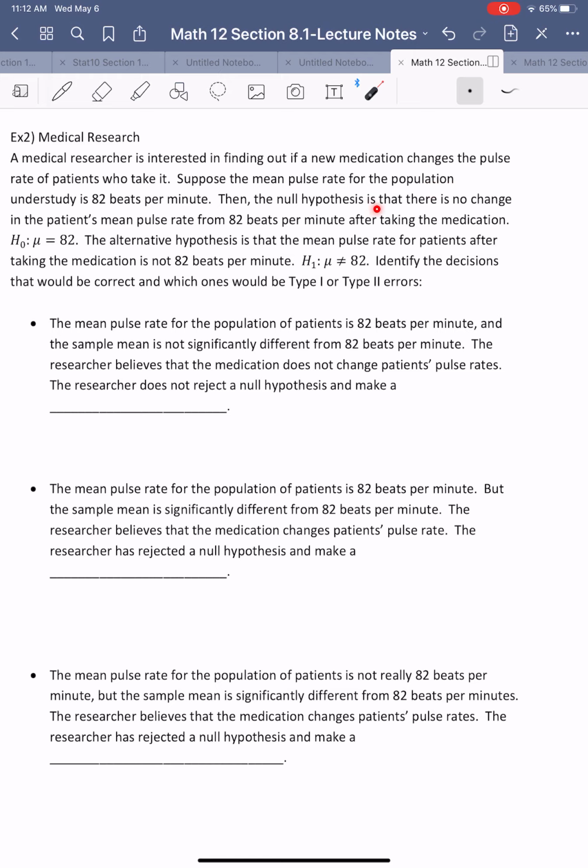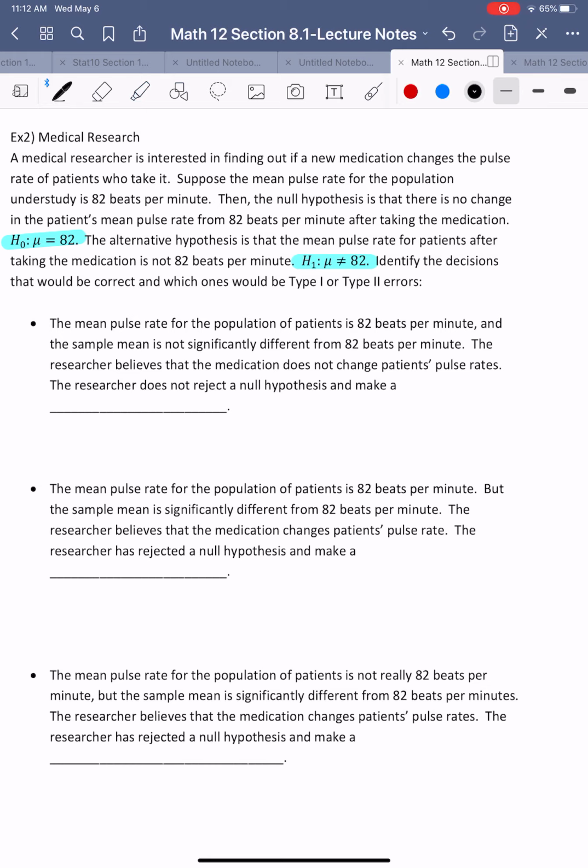Then the null hypothesis is that there is no change in patients' mean pulse rate from 82 per minute after taking the medication. So the null hypothesis says mu equals 82. The alternative hypothesis is that the mean pulse rate of the patients after they take the medication is not 82 beats per minute.